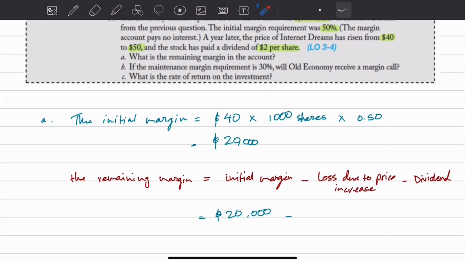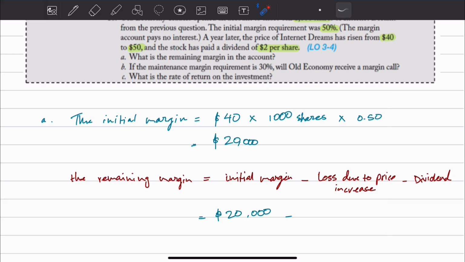Remember, when you short sell a stock, you lose when the stock rises in price. Why? Because when you short sell a stock, you borrow the stock and then you sell it right away, and then you're going to have to buy it again at a later date. So if the price increases, that means when we sold it, we generated $40 per share in revenue. But when we need to cover to buy the share back, we're going to have to pay $50 per share. So that difference is our loss in the case of a short sale, right?